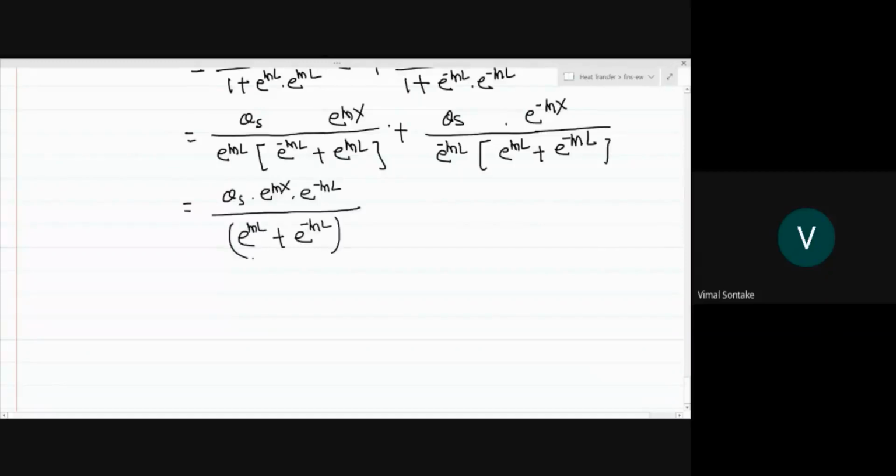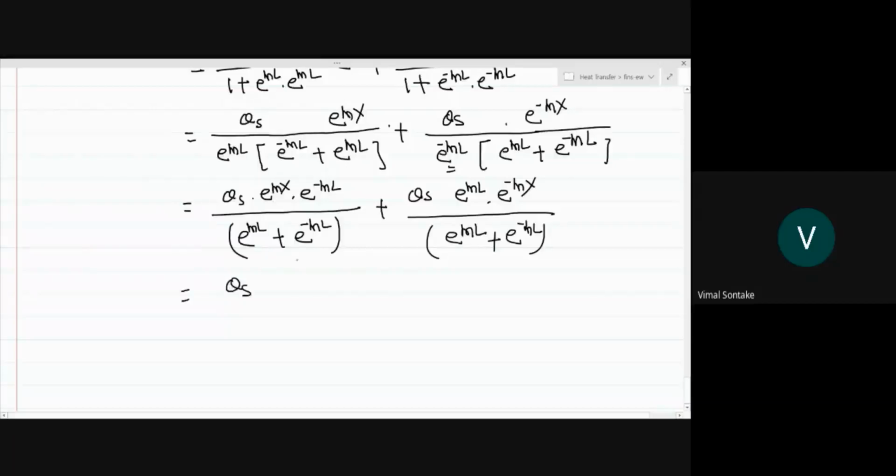I have rearranged this. Plus the second term will become theta s. Upon taking this value to the numerator, it will become e to power minus ml into e to power minus mx, and this will be e to power ml plus e to power minus ml.